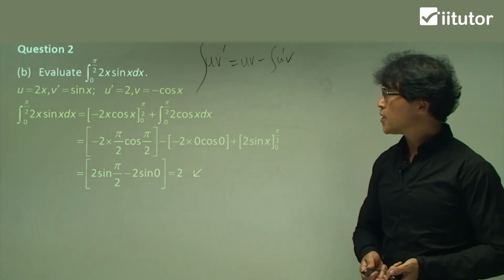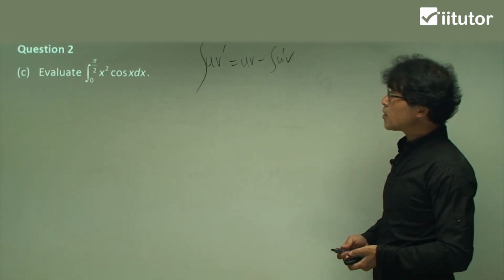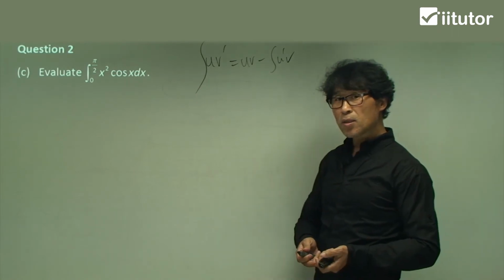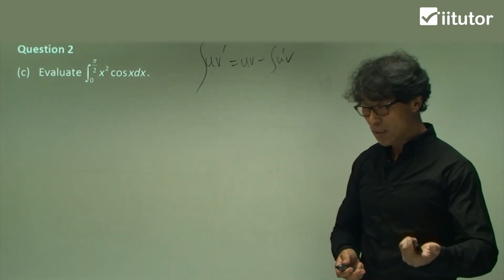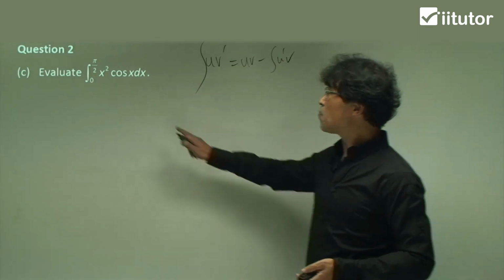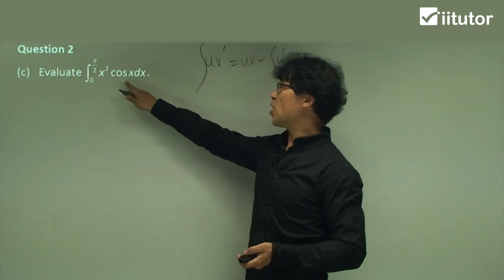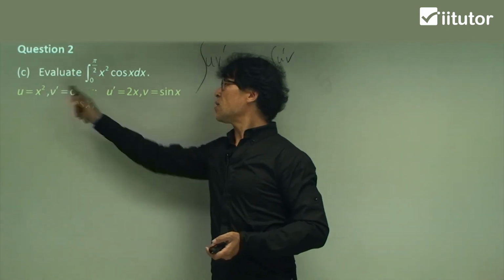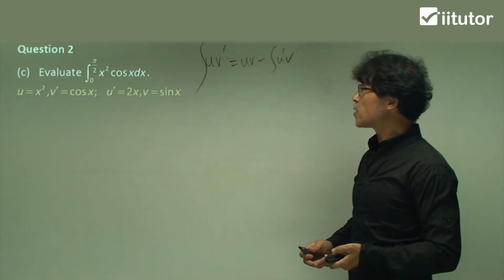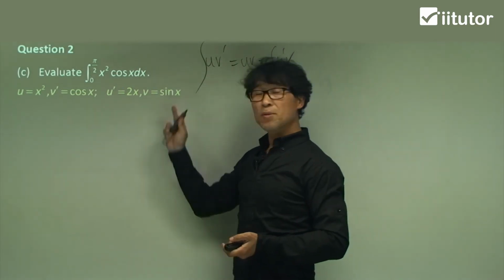Jump on to part C. Evaluate x squared cos x. Again, would you mind using integration by parts again? Yes, please proceed. Have a good setup. u v dash, and then you differentiate it. It becomes 2x, and integrating cos x becomes sin x.